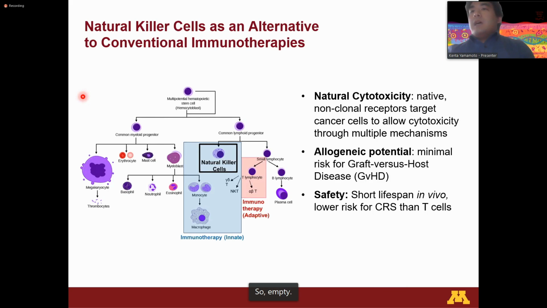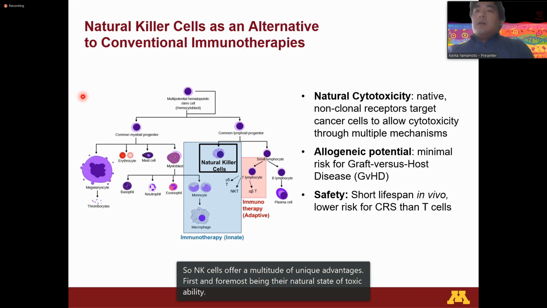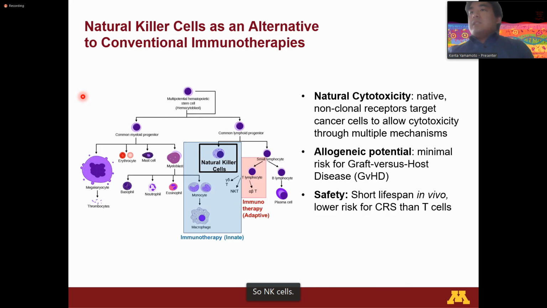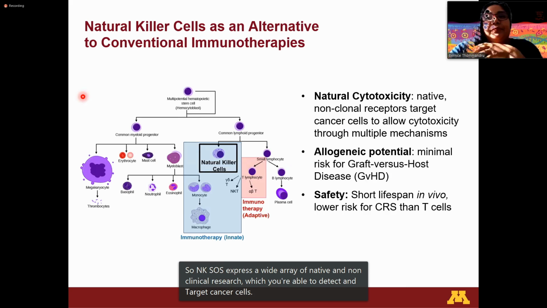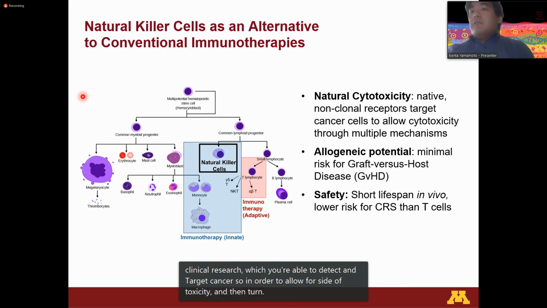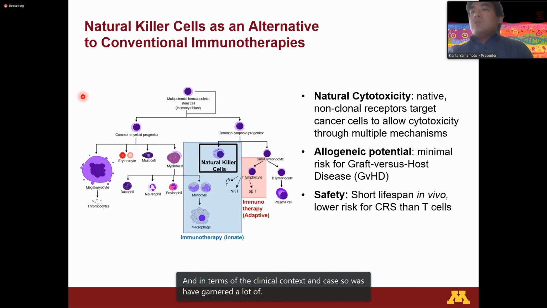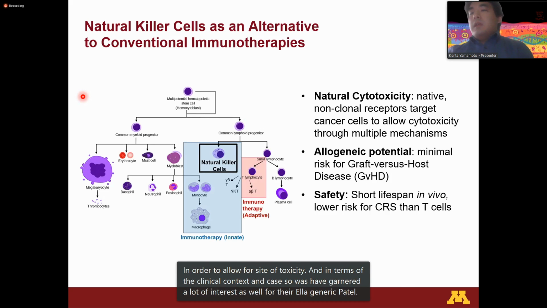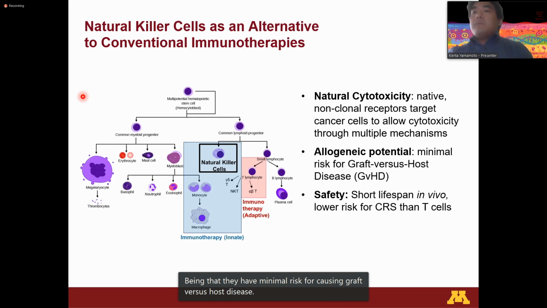So NK cells offer a multitude of unique advantages, first and foremost being their natural cytotoxic ability. NK cells express a wide array of native and non-clonal receptors, which are able to detect and target cancer cells in order to allow for cytotoxicity. And in terms of the clinical context, NK cells have garnered a lot of interest as well for their allogeneic potential, being that they have minimal risk for causing graft versus host disease.